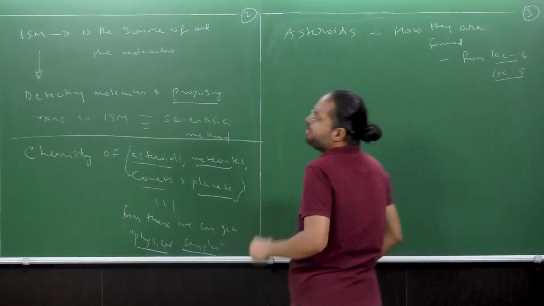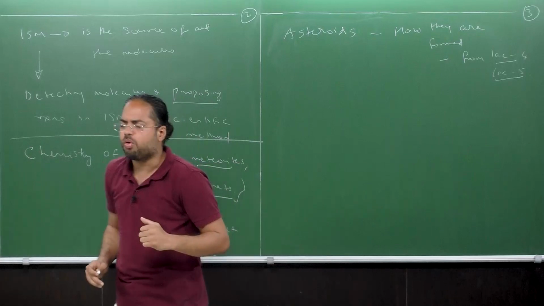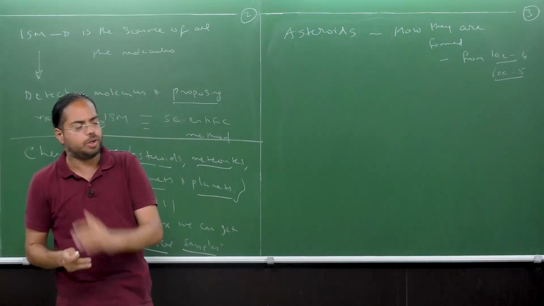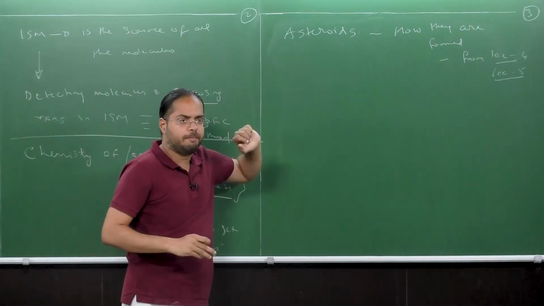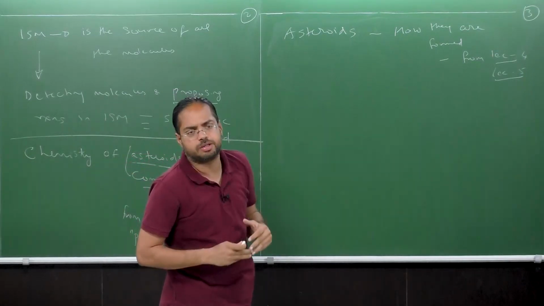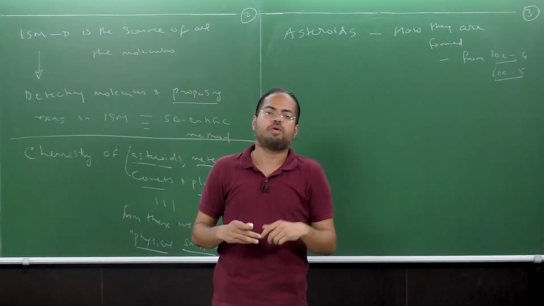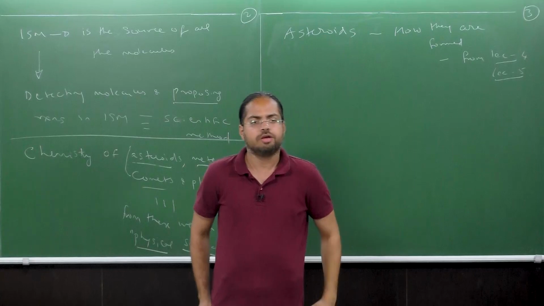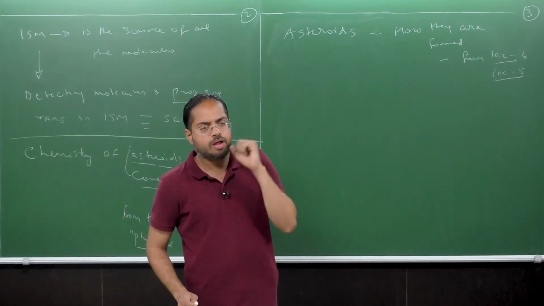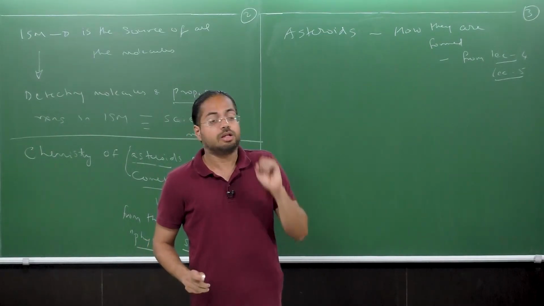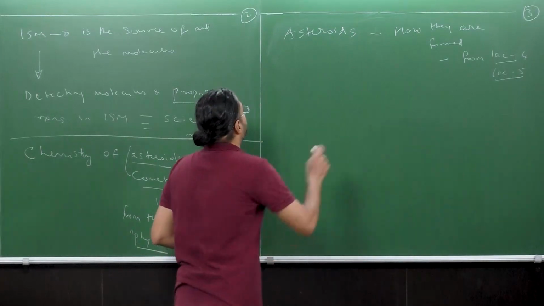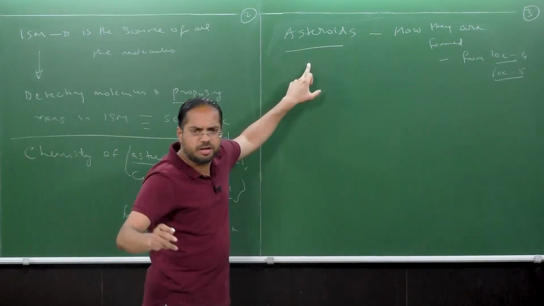So you can get this information from lectures 4 and 5. I've already categorically and clearly told you how asteroids are formed. Basically, they are the debris, as part of the formation of a star. Okay. So the next thing is there is some important jargon here. What is an asteroid?